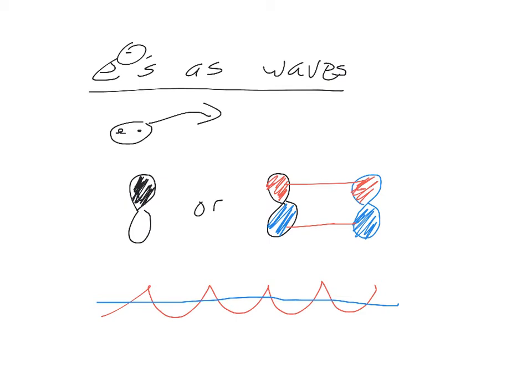So there's part of the wave that's above the water, and part of the wave that's below the water. That's what this shading or these colors represent. The red here represents the wave above the water. The blue represents the wave below the water.